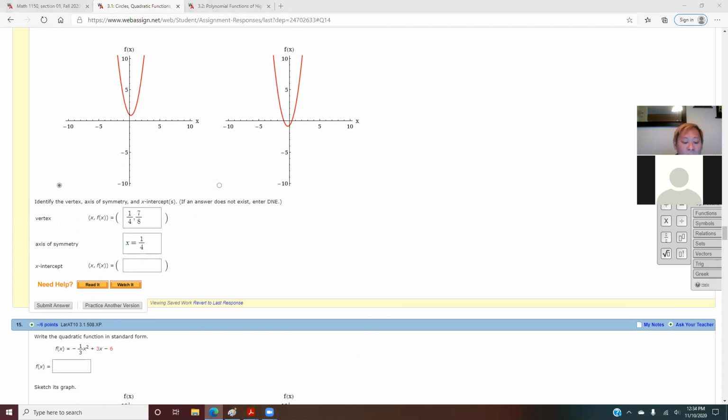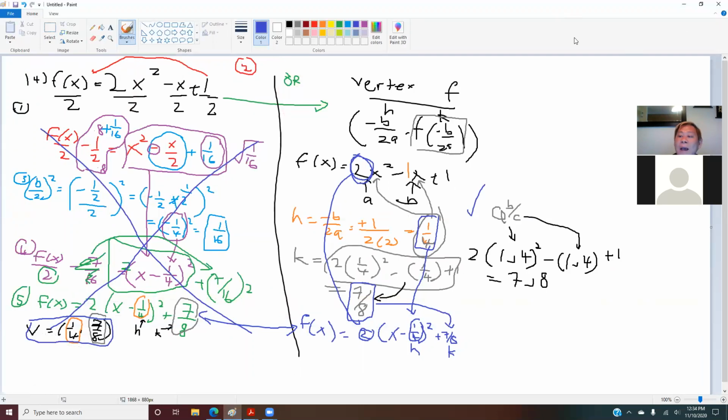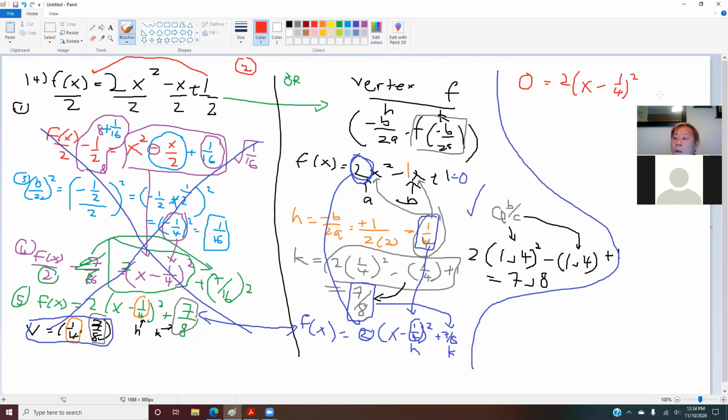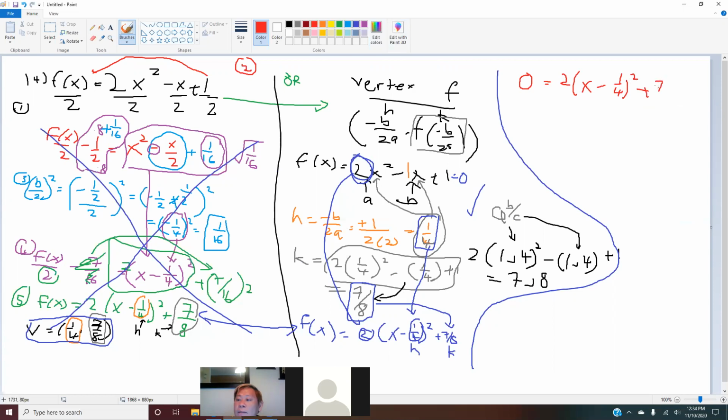And now you have to find your x-intercept. So in order for us to find your x-intercept, either you have to make your original equation equal to 0, or you make your standard form equal to 0. And the easiest way is definitely making the standard form equal to 0. So this is how you're going to find your x-intercept.